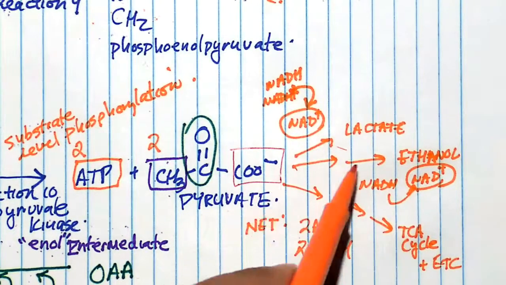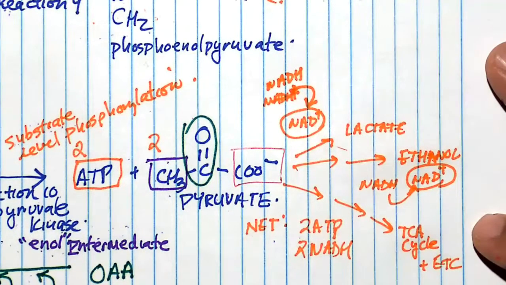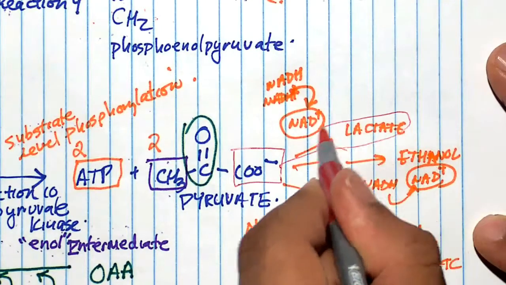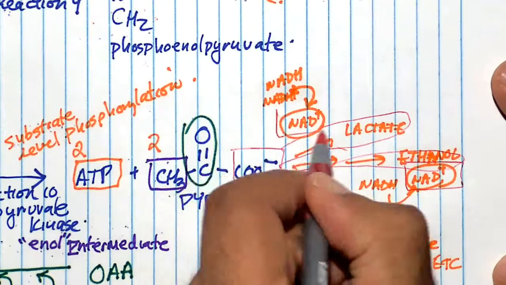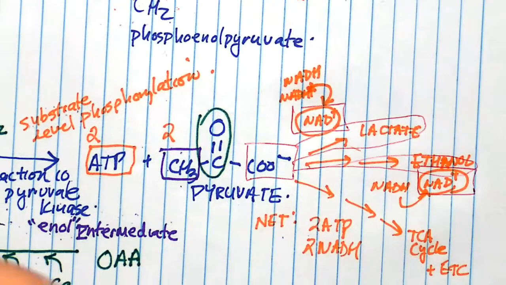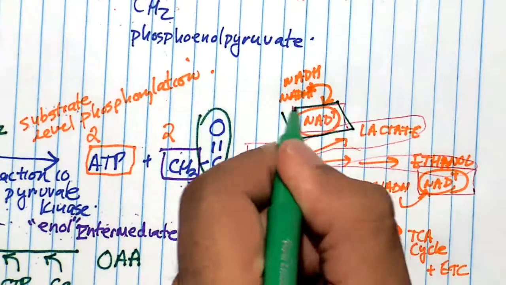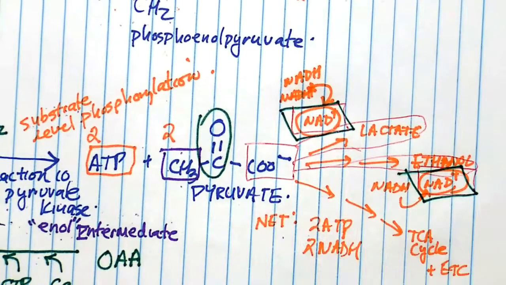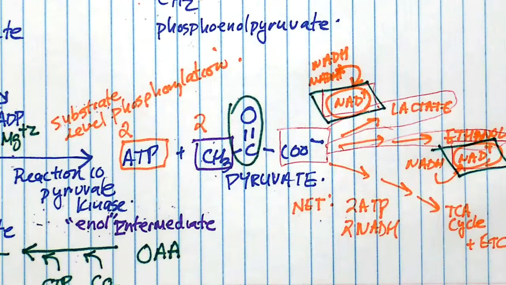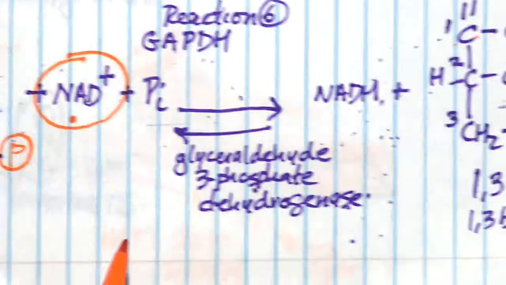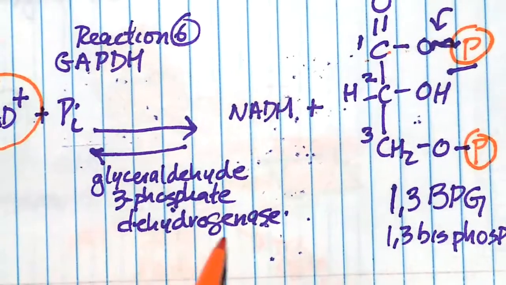But for organisms, mostly bacteria, that generate lactate or ethanol, it's important to realize that the NAD+ that's generated gets recycled back into glycolysis, really at the GAPDH step, glyceraldehyde 3-phosphate dehydrogenase, the enzyme that converts G3P to 1,3-bisphosphoglycerate.